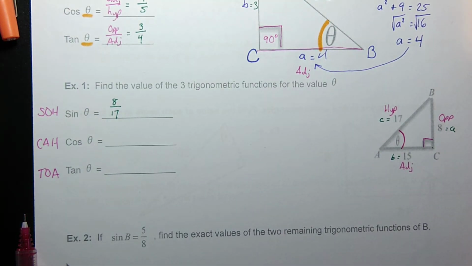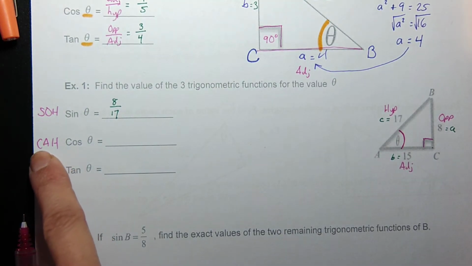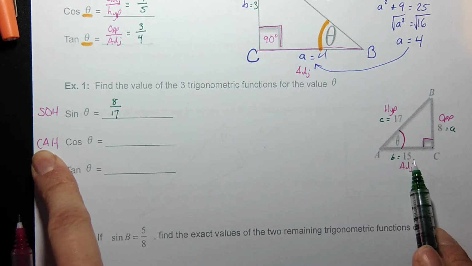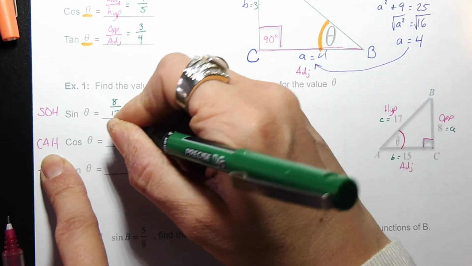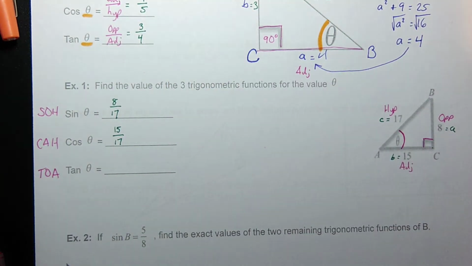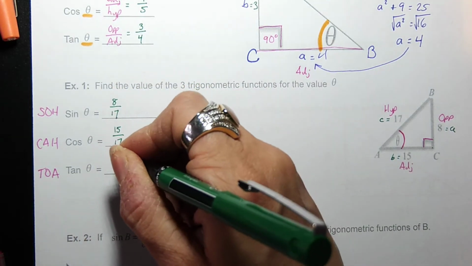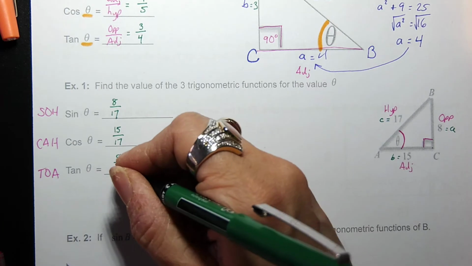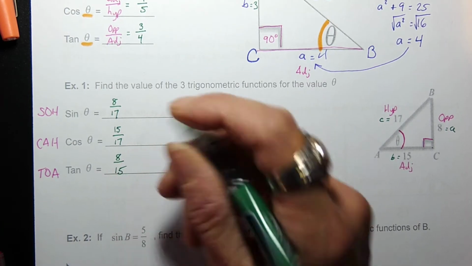Cosine is the CAH part of SOHCAHTOA, so the adjacent side, 15, over the hypotenuse side, 17. And then TOA, tangent, is the opposite side, 8, over the adjacent side, 15.